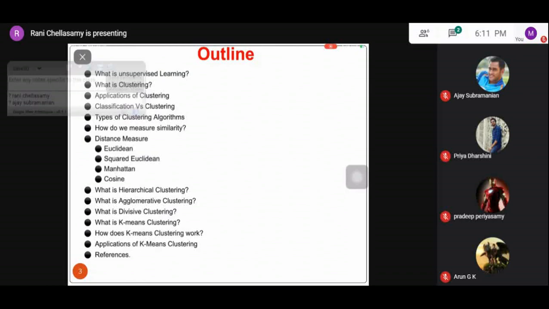We will first start with the definition of clustering: what is meant by clustering, and what are the applications of the clustering algorithm. We are going to compare classification with clustering, and we will see what types of clustering algorithms are involved, and how we measure the similarity metrics.